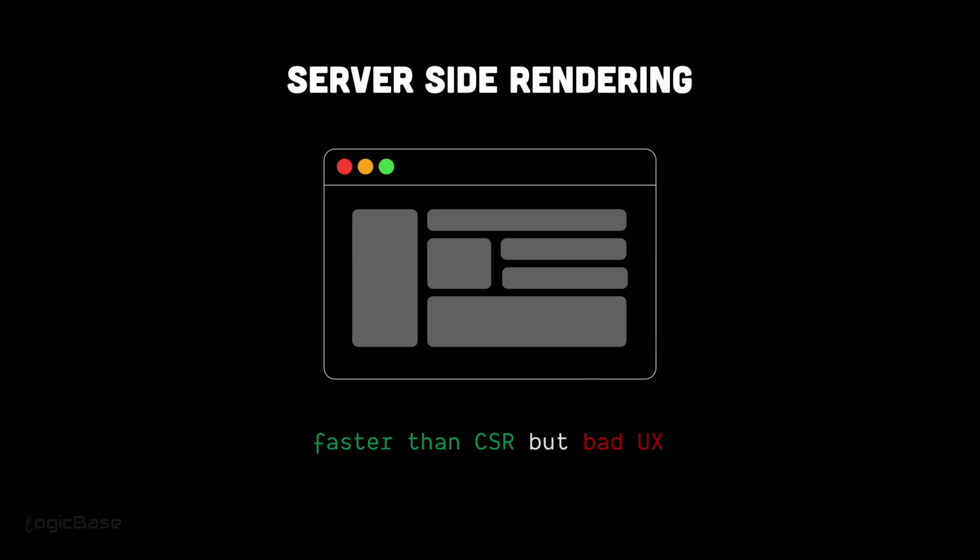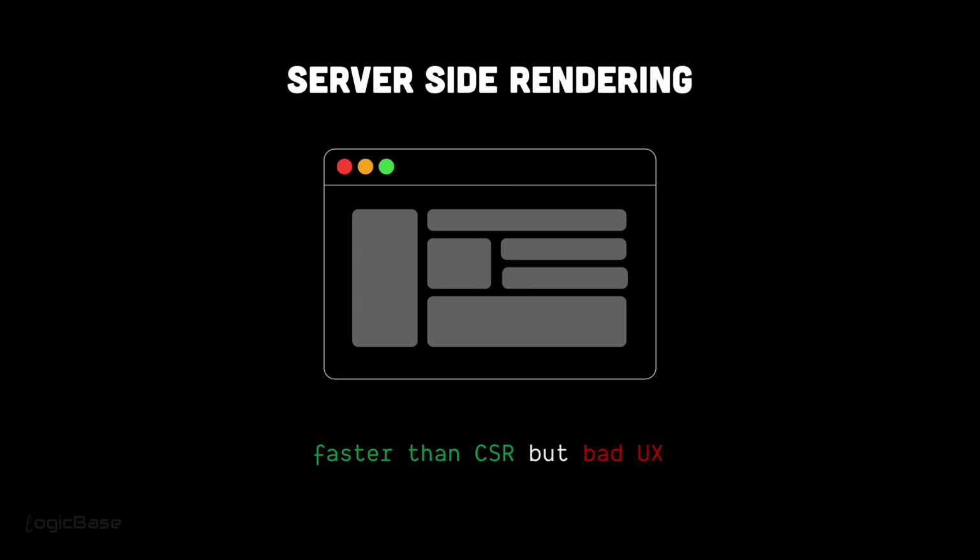Server-side rendering is definitely faster than client-side rendering, but the real problem with SSR is the user experience. That's why we use streaming. Think of it like YouTube. When you play a video, does it download fully before starting? Of course not. The video plays immediately, and the rest keeps loading in chunks. That's buffering.